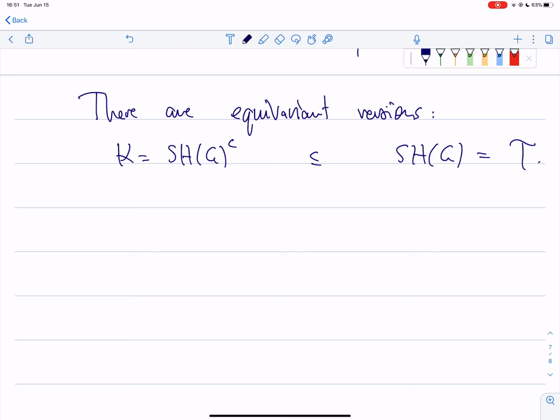One is not stabilizing with respect to smashing with spheres only, which are just the non-equivariant spheres. One should look at spheres with G-actions, and there are more spheres with G-actions than just the trivial sphere, and so these are the so-called genuine spectra.